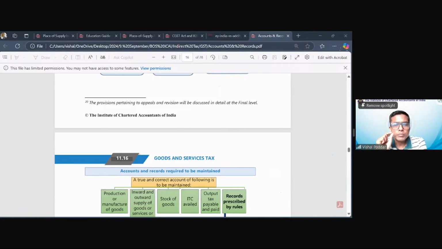If you are going to use this vehicle in your business for your own traveling, for traveling of your employees and all, then the next condition comes: is your vehicle up to 13-seater capacity or is your vehicle above 13-seater capacity? So above 13-seater capacity is what? Tempo travelers, minibus and bus.